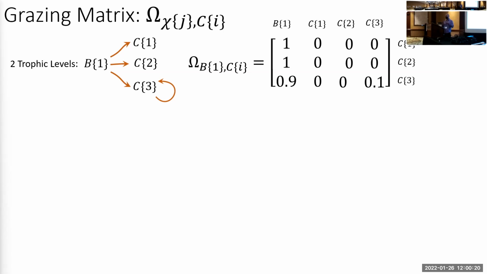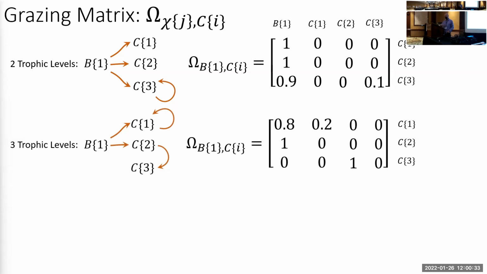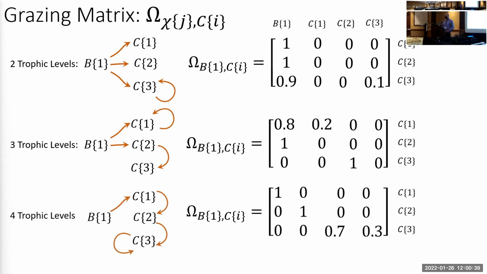The nice aspect of this is that the food web structure can change depending on how you set up this matrix. For instance, here, this is a 2 trophic transfer with some cannibalism occurring with consumer 3. Here's another version where you have 3 trophic levels with some cannibalism, or in this case, you have 4 trophic levels.